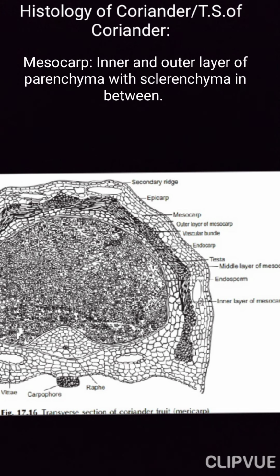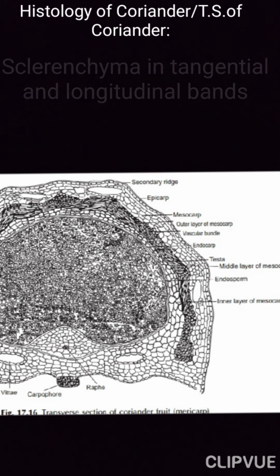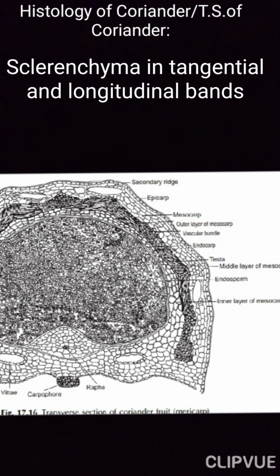Here you can see the sclerenchyma in between. Then the third one, sclerenchyma in tangential and longitudinal bands. That is the style it is going to have in the fruit.